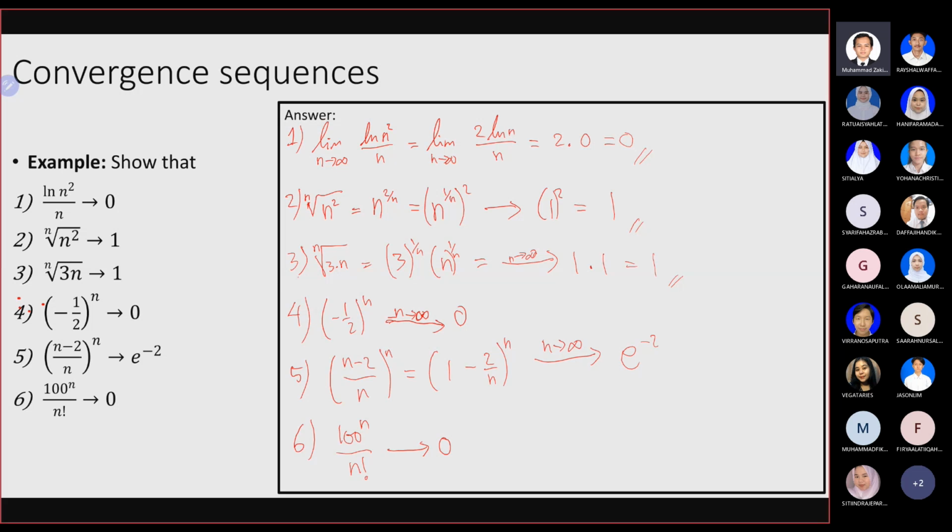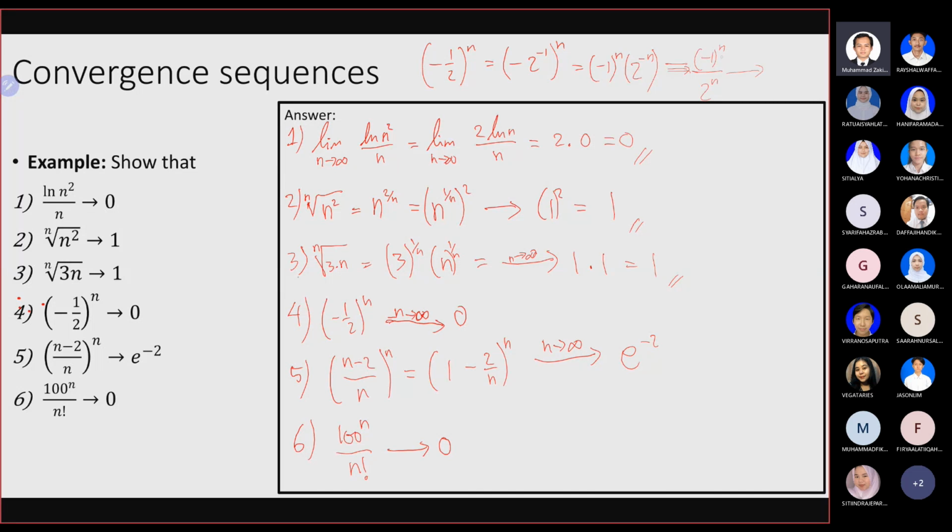Oke. Min setengah pangkat n itu kan kita bisa tuliskan sebagai min 2 pangkat min 1 pangkat n. Ini adalah min 1 pangkat n kali 2 pangkat min n, atau kita bisa tuliskan sebagai min 1 pangkat n dibagi 2 pangkat n.